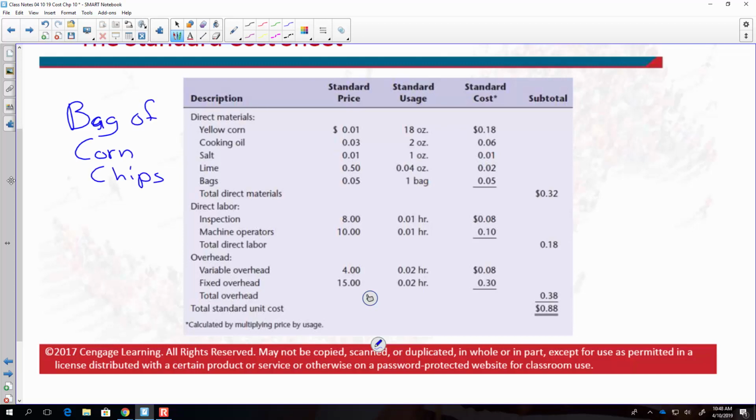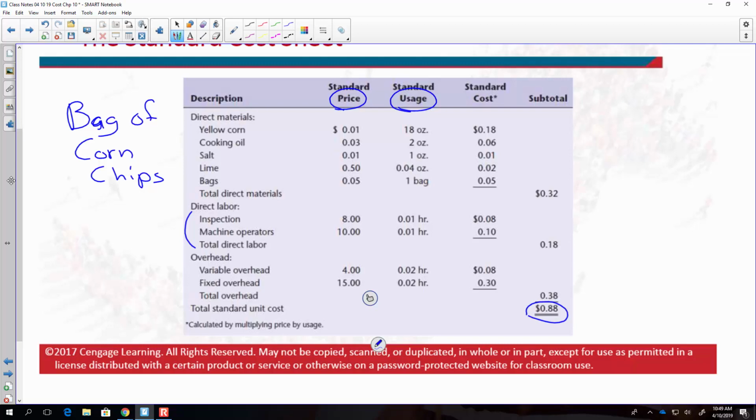And it breaks it down rather in detail: what materials make that corn chip bag, including the bag itself, and then what labor is needed to create that bag. Not only a price standard, but a quantity standard are set for each particular item on that standard cost sheet. And in this case, we budget 88 cents to make one bag of corn.